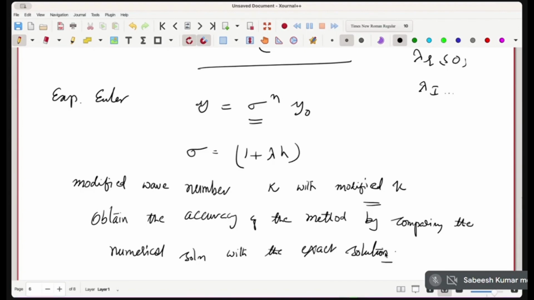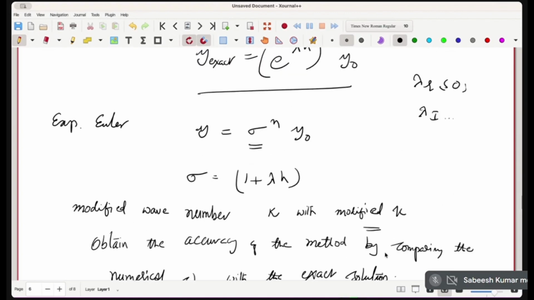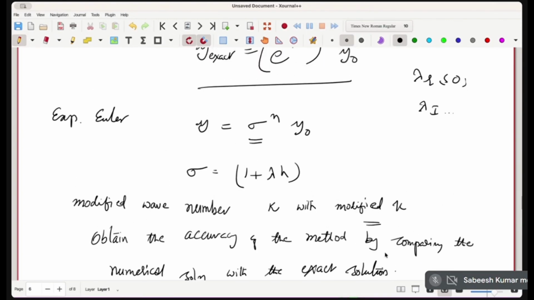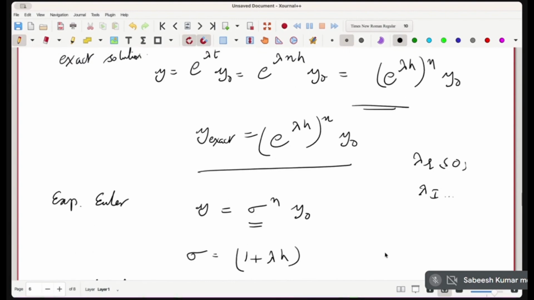This is what we have done before in the context of modified wave number. So I'm going to do the same thing here.